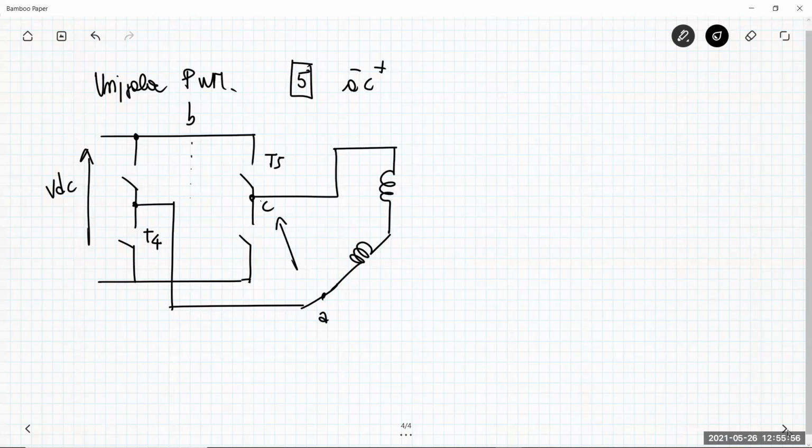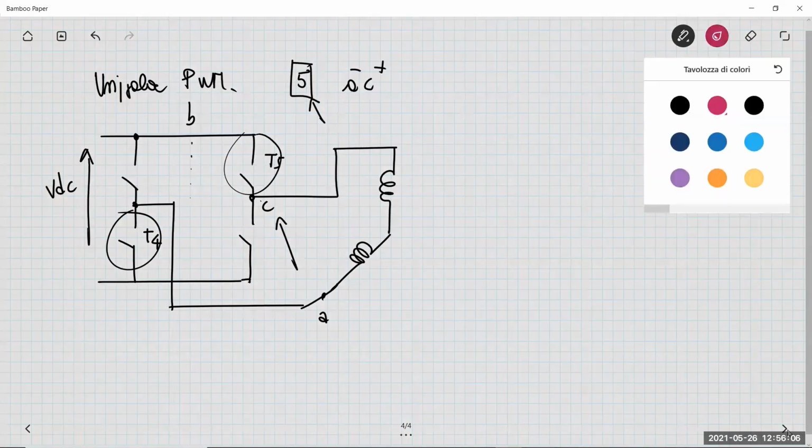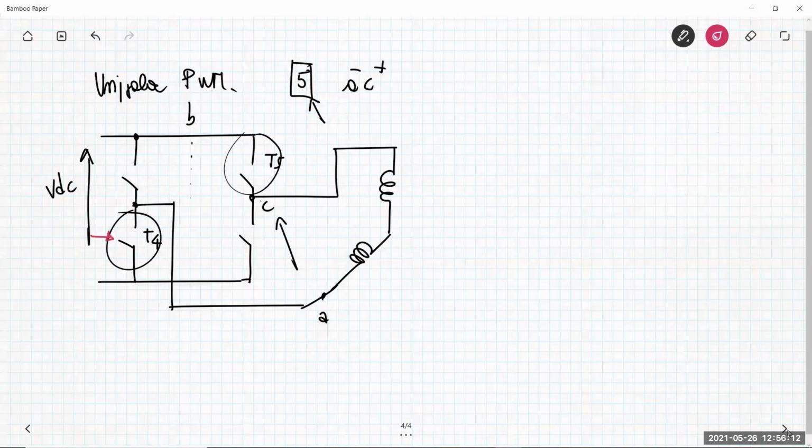So, considering these 2 transistors, my operating step. The pulse width modulation is applied, for example, to T4.